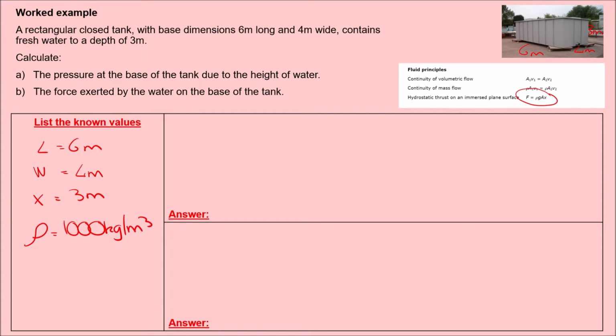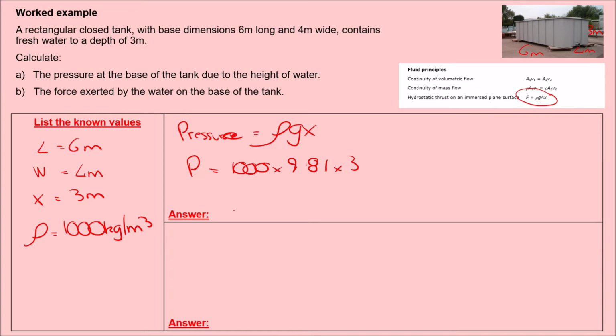Okay, so we're going to solve this first bit. Now pressure is equal to rho g x. So we'll have 1000 times 9.81 times x, which is the height of the fluid, which in this case is 3.